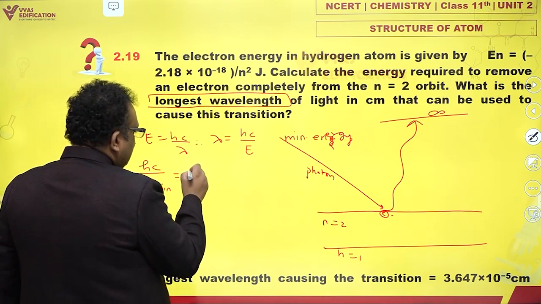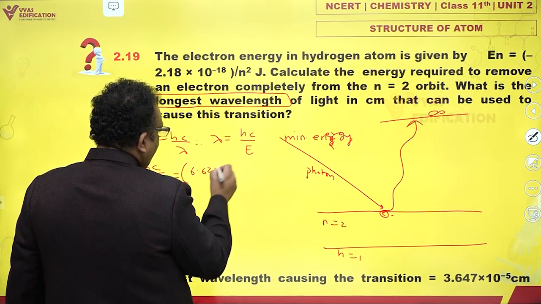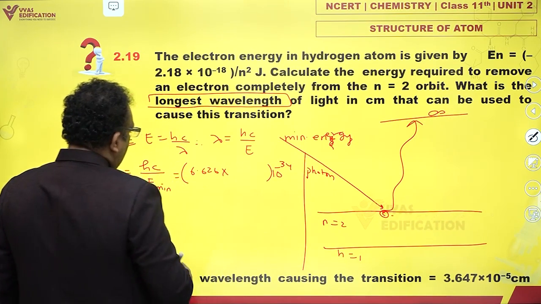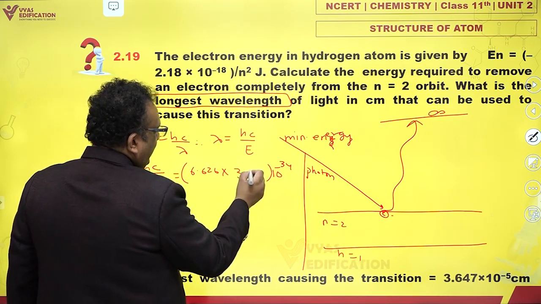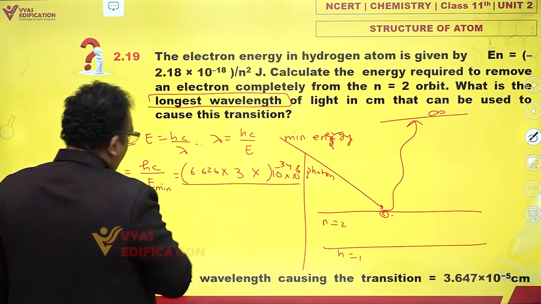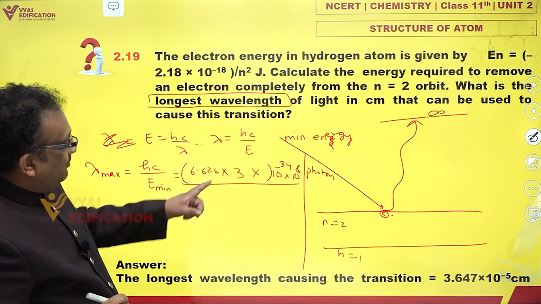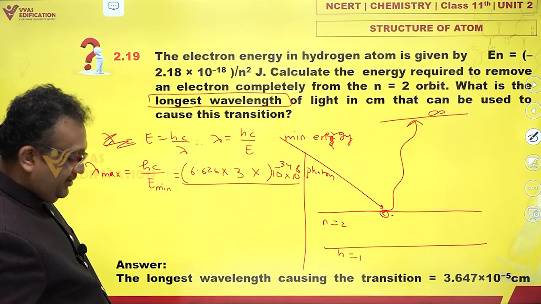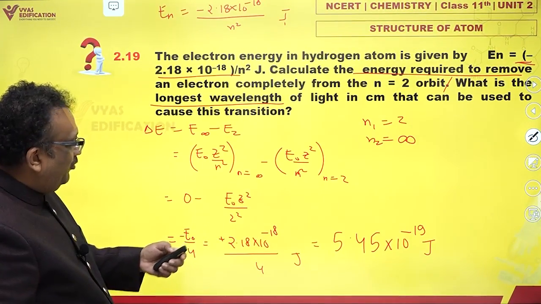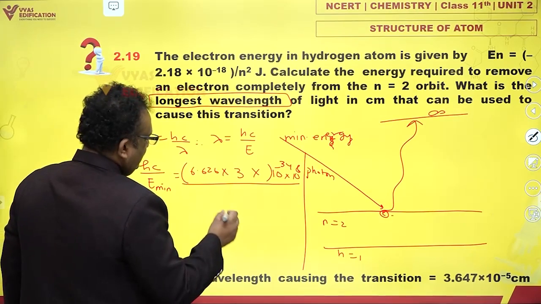How much is h? 6.626 into 10 raised to minus 34. What is c? c is 3 into 10 raised to 8. By minimum energy, how much is that minimum energy? We calculated there. That was 5.45 into 10 raised to minus 19 joules.